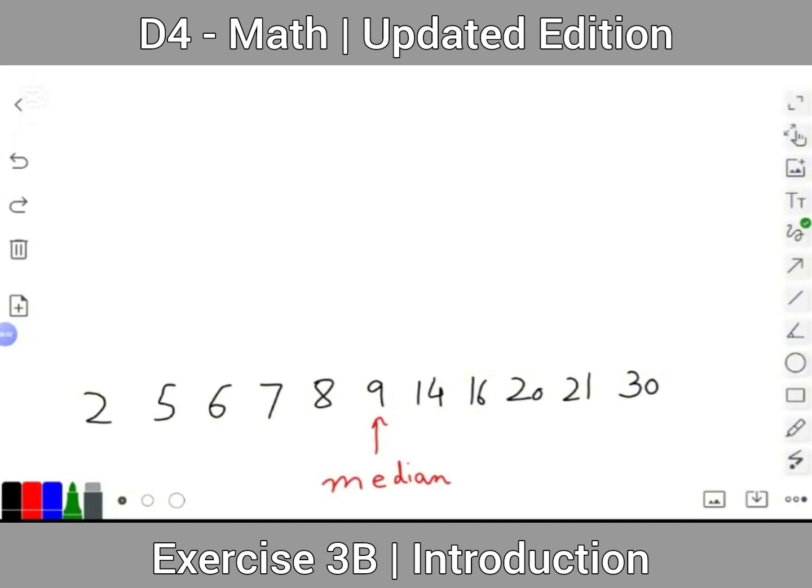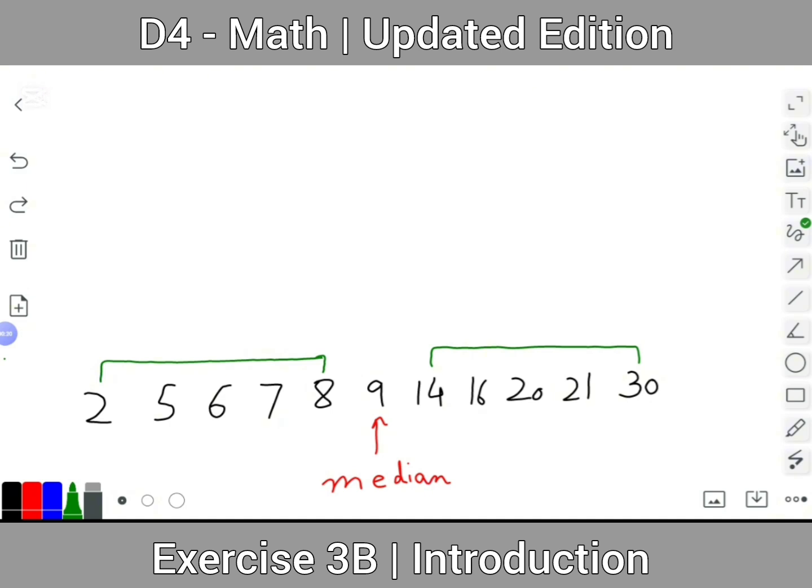We see that the median 9 divides the dataset into two equal halves, with 5 values on each side of the median.